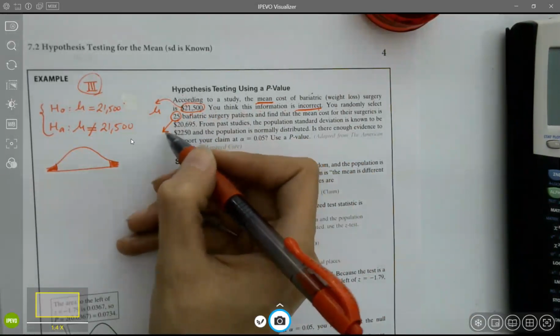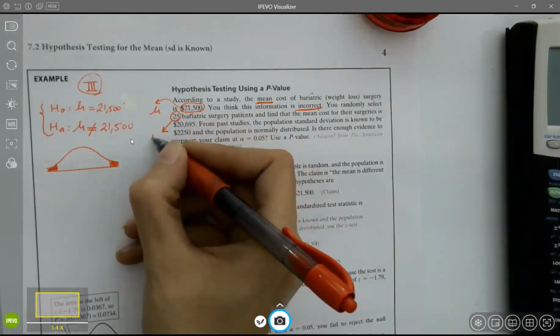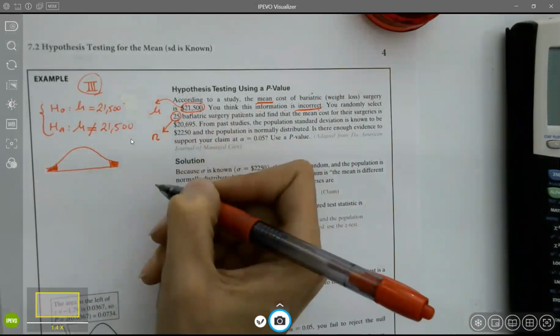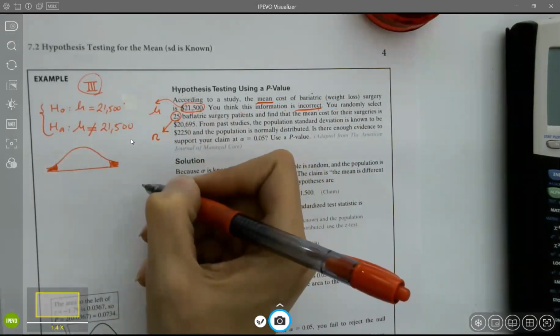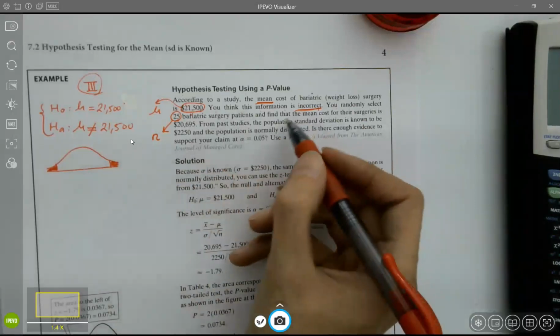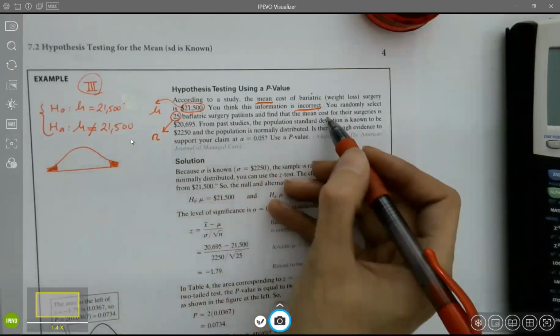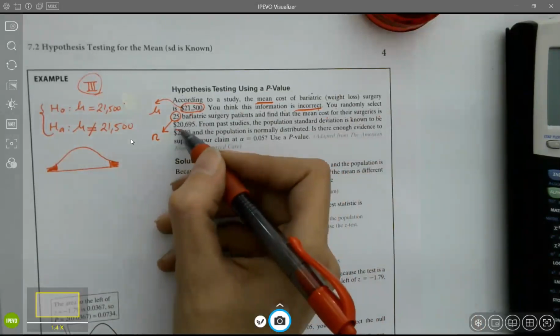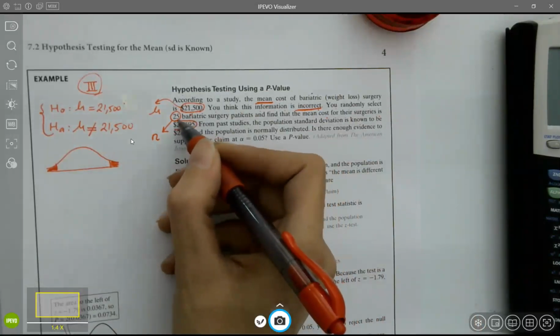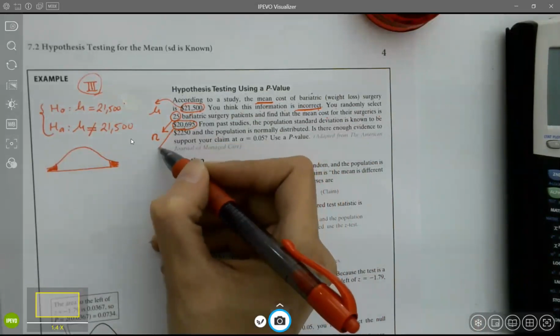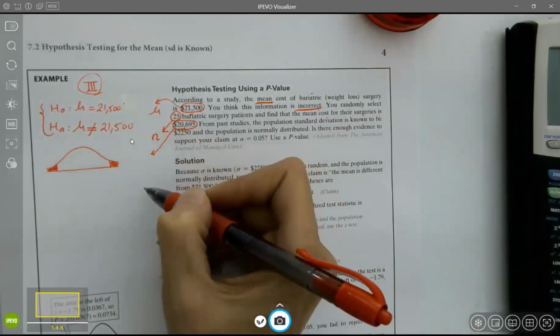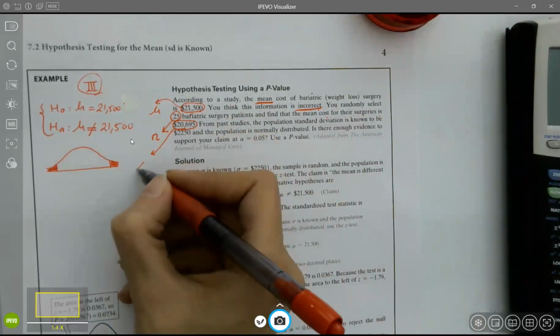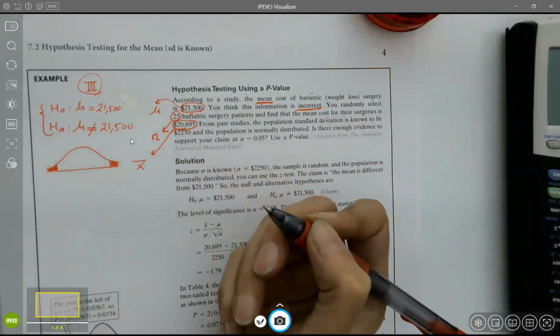Excellent. 25 is n, the sample size. Thank you, Sunny. And find that the mean cost for their surgeries is 20,695. What is this number? X bar. Thank you so much.